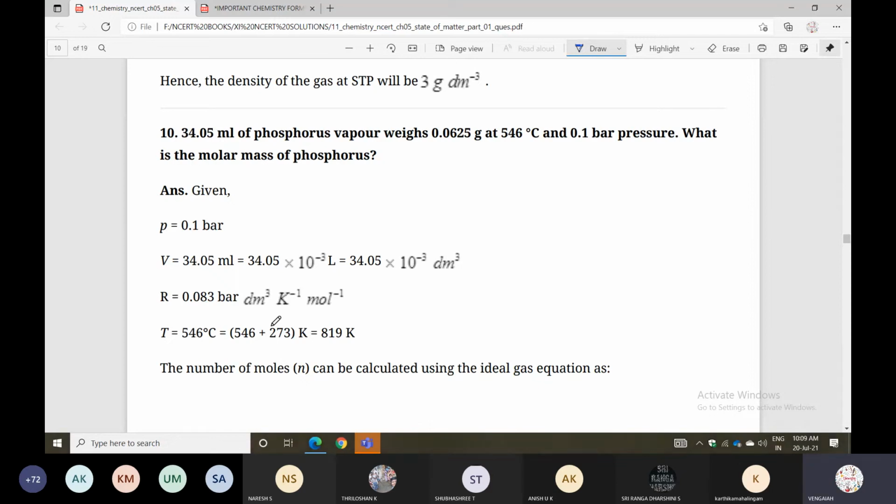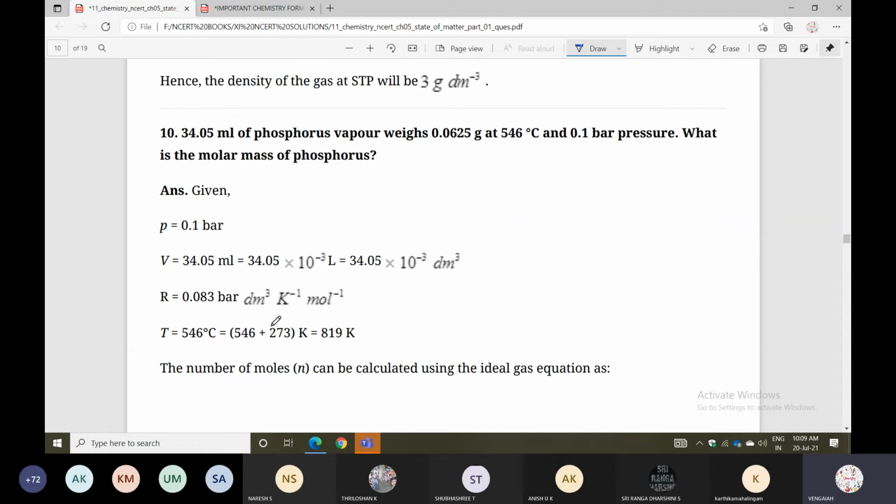Again listen. 34.05 ml of phosphorus vapor weighs 0.0625 grams at 546 degrees temperature, and pressure is given 0.1 bar pressure. What is the molar mass of phosphorus? Molar mass of phosphorus you can calculate.